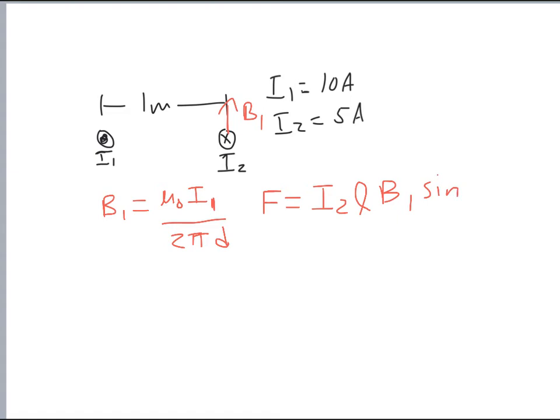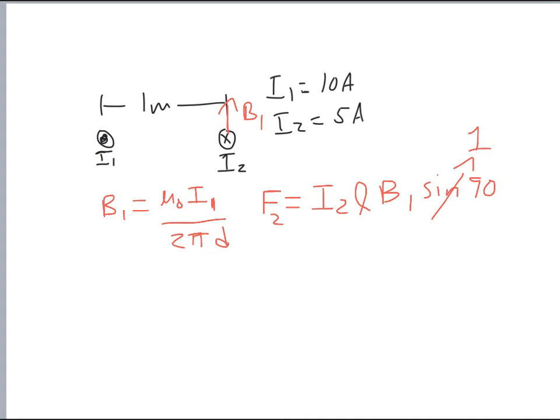But look at the current. The current's going into the page, the B vector is going straight up. Those are at a 90-degree angle, and so the sine of 90 degrees is just 1. So the force, and this is the force on wire 2, is going to be I2 times L times B1. It's that simple.